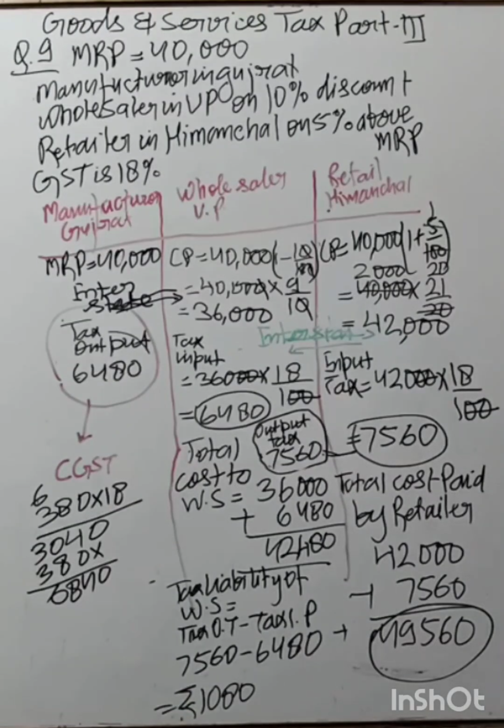What is in your book? 1,080. So this is CGST.